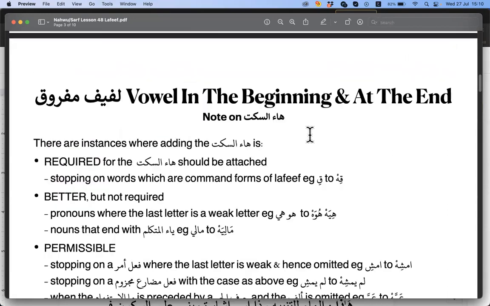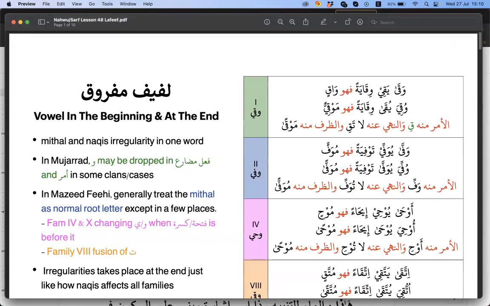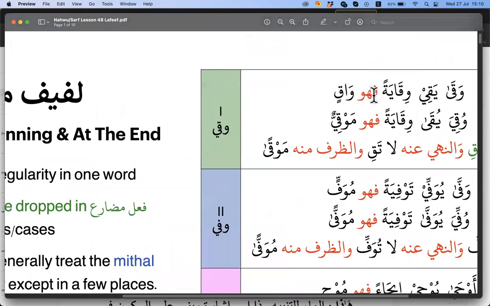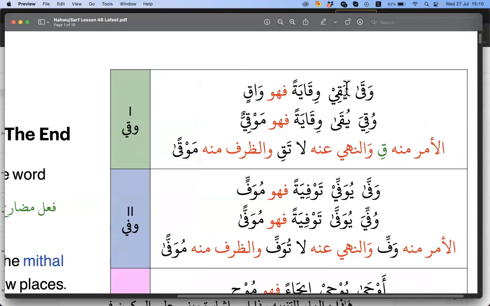So, for example, here in our family 1, waqi, right? So this is the mudari', the waw already got dropped, right? Because this is nakis, when we do amr, we drop the ta at the front. We have to drop the ya also at the back. So the amr is very short, ki. Yes.